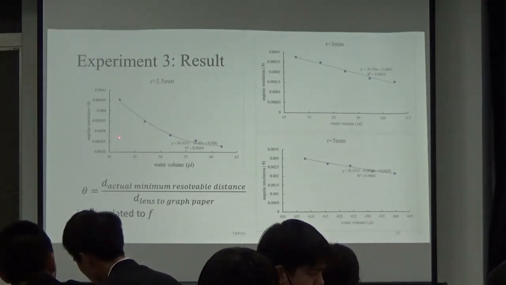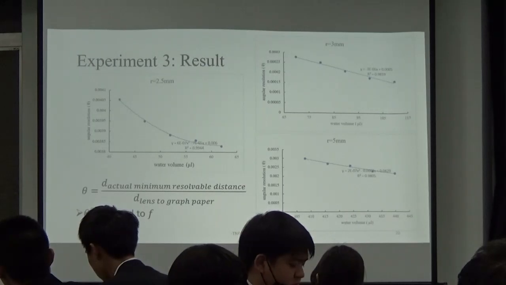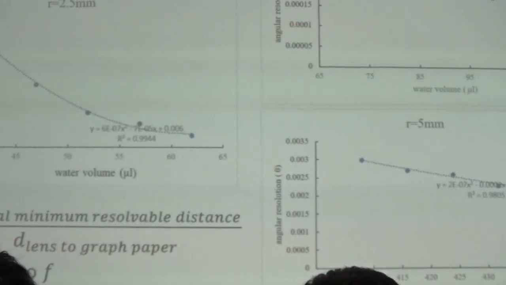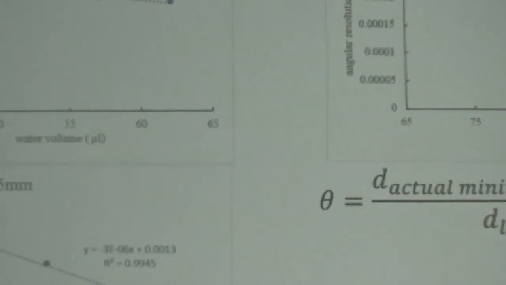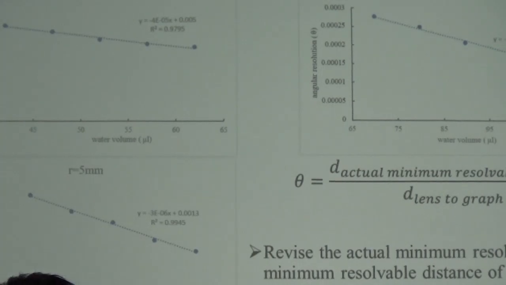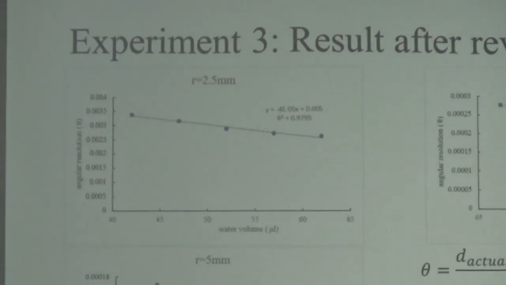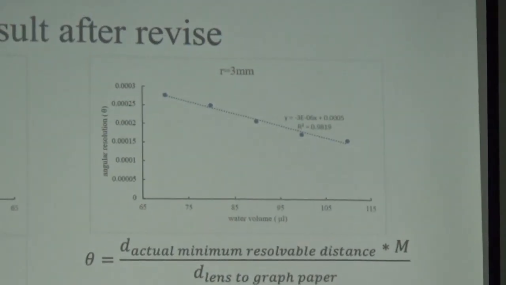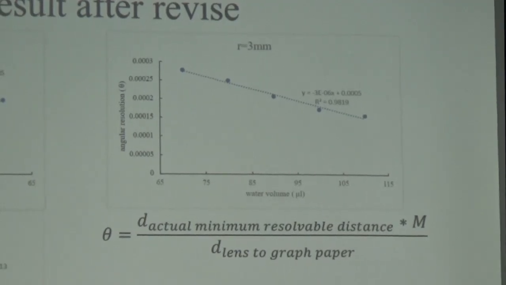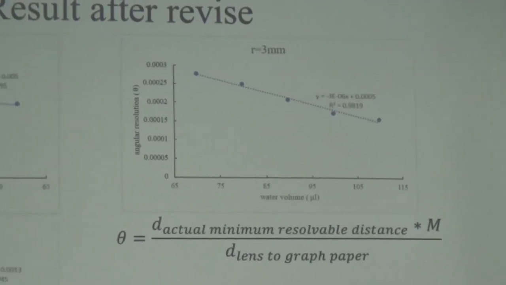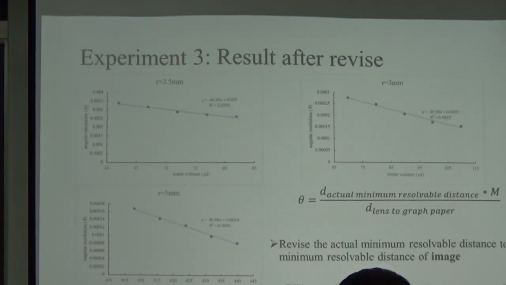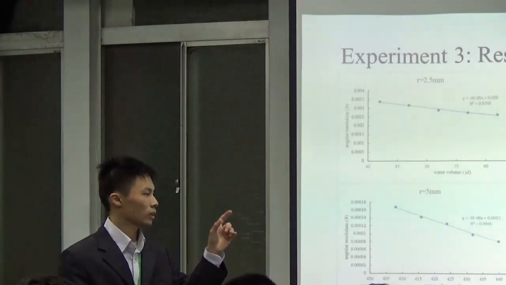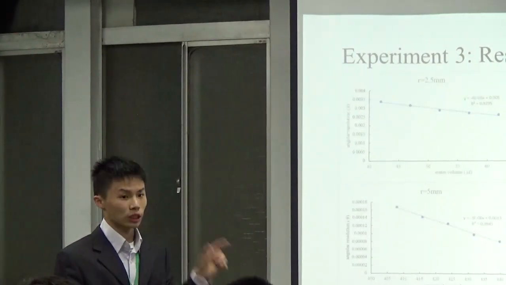We don't really know what the relationship is between the volume and the angle, but still we revise it by multiplying by the magnification, and it's linear. So after revising, we revise the actual minimum resolvable distance to the image distance.